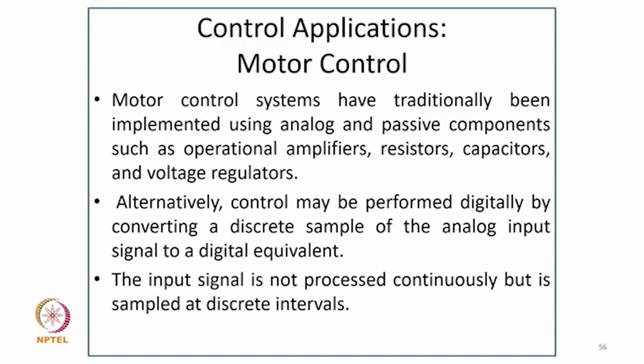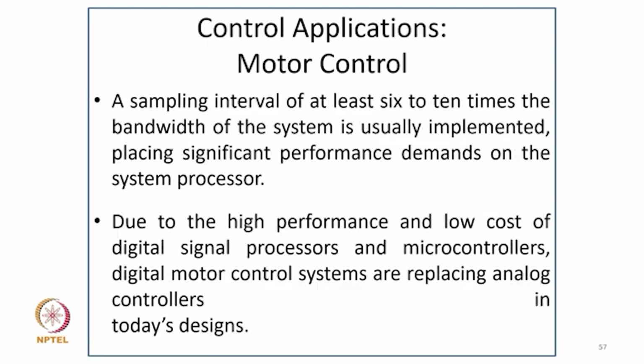Alternatively, control may be performed digitally by converting a discrete sample of the analog input signal to a digital equivalent, and the input signal is not processed continuously but is sampled at discrete intervals. So a sampling interval of at least 6 to 10 times the bandwidth of the system is usually implemented, placing significant performance demands on the system processor.